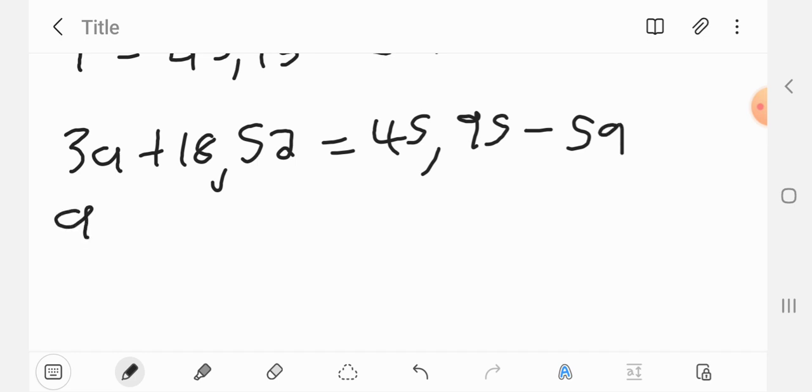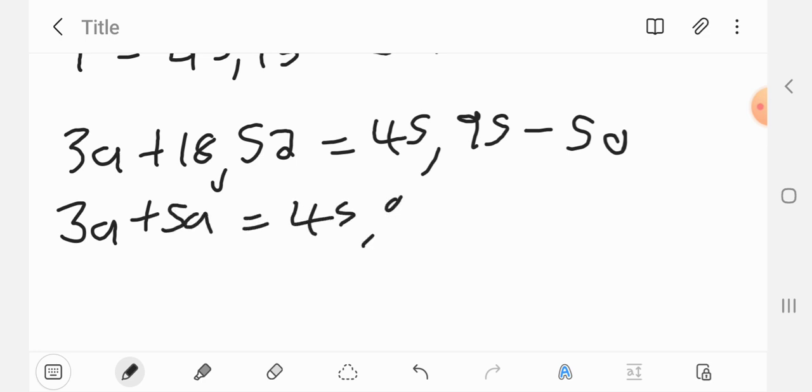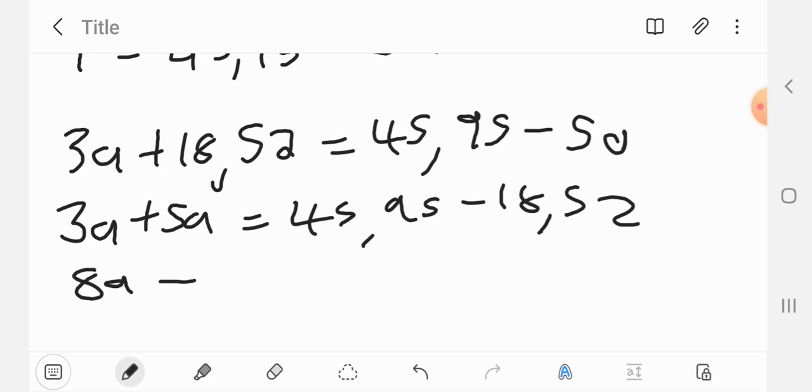So we will have 3a plus 5a, like terms, equals 45,95 minus 18,52. Then put that in the calculator. Here we'll have 8a equals 45,95 minus 18,52, and that will be 27,43.